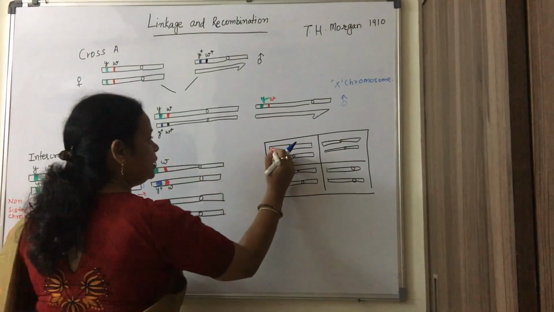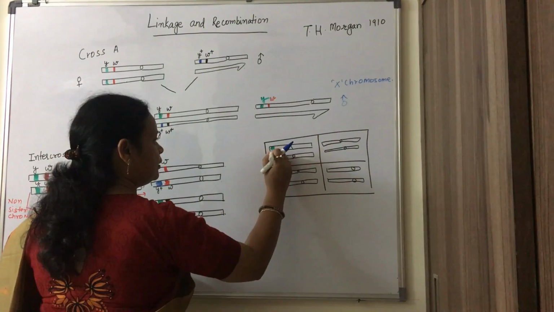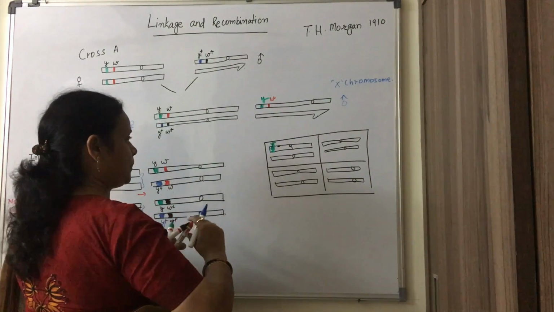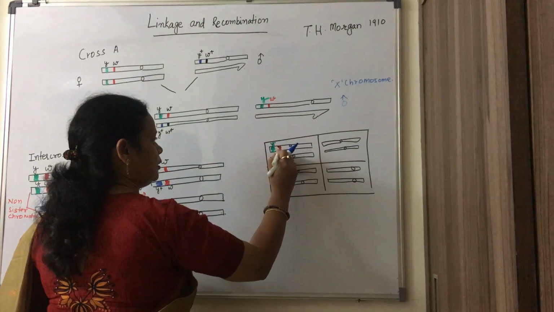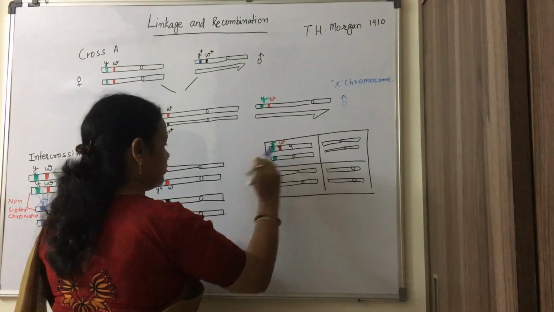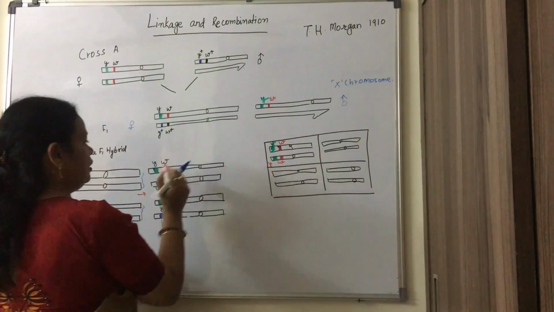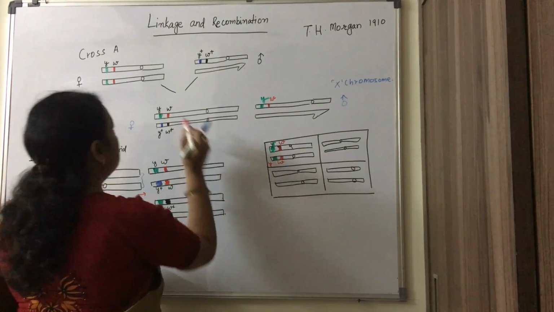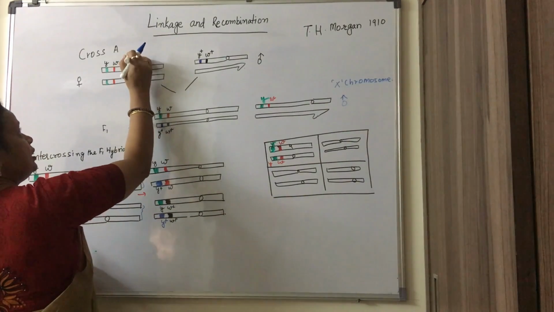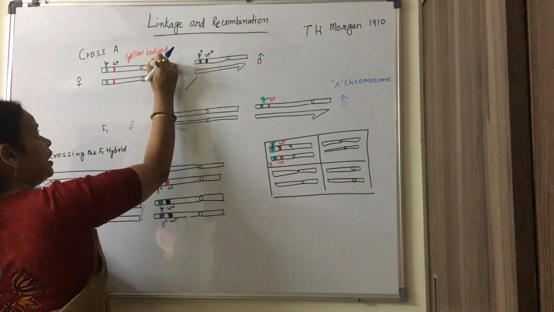Now, for the genes, this is Y with W, and this is Y and W. So you can see Y and W, both here in the parental type, and this is what we call yellow bodied with white eyes.